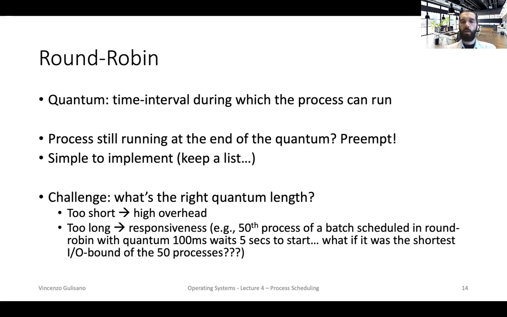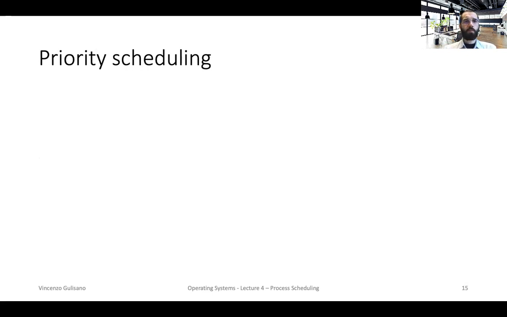So it goes from ready to running. Especially because you don't know it, but it might be that this process is actually the shortest one and it's IO bound. So actually running it in the beginning would not really change much for the others, but it would make a significant difference for this specific process.